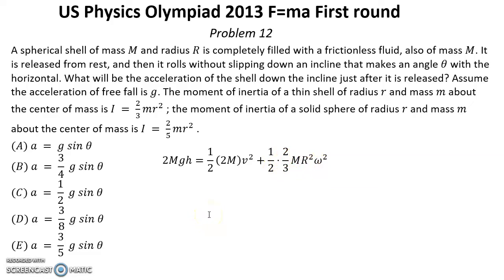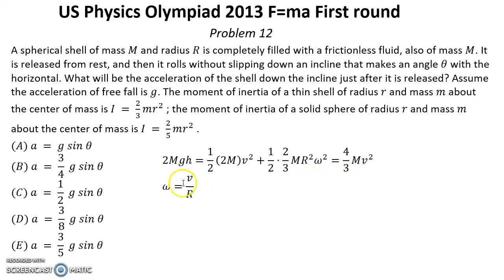But because this shell rolling without slipping, we have omega equal v over r. And finally, total kinetic energy equal 4/3 mv squared.